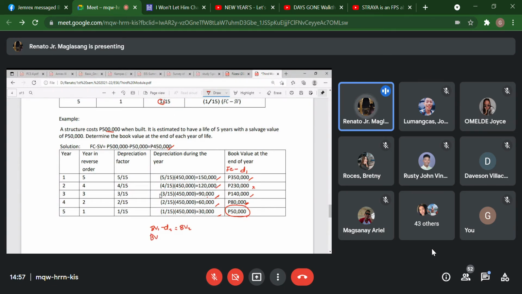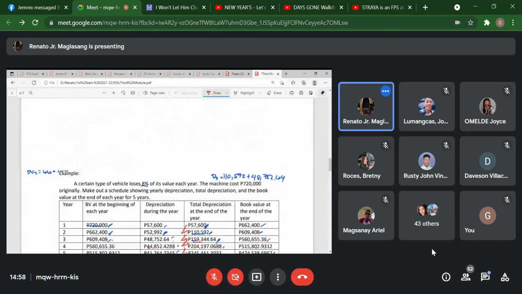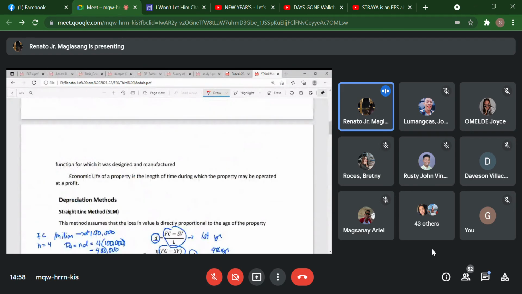Book value 2 minus D sub 3 is equal to book value 3. That's what happened here. Book value 1, which is 350,000, minus depreciation 2, you got 230,000. 230,000 minus 90 is 140, and so on. So that is for the depreciation cost.